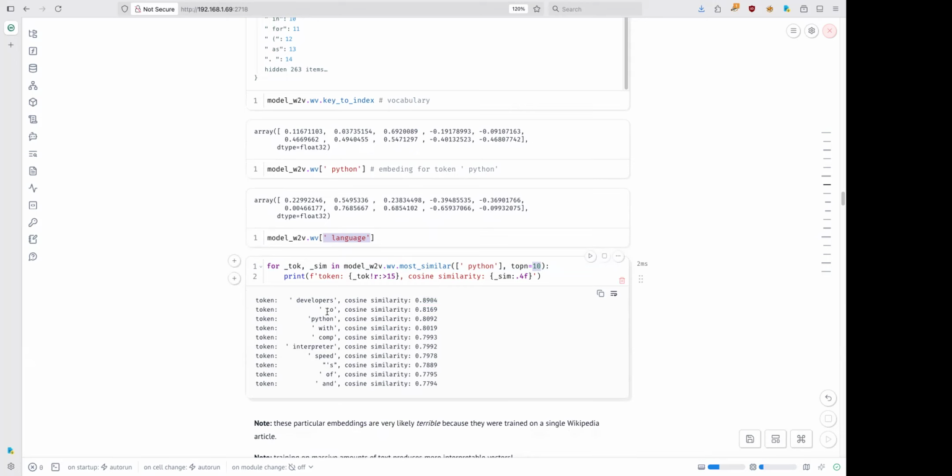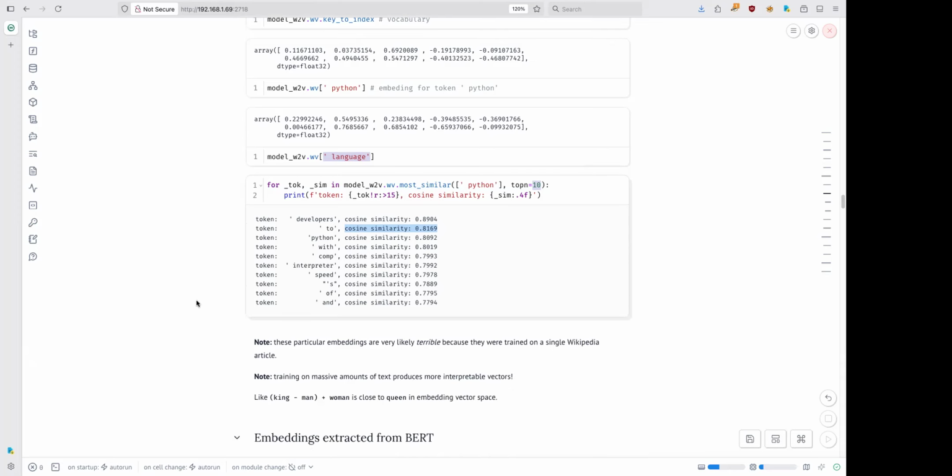The token 2 is the second, with cosine similarity equal to this, and so on and so forth. The main idea here is that for each pair of tokens, you can now compute cosine similarity, because under the hood, tokens are converted to vectors, and with vectors, we can do linear algebra and compute the cosine similarity. The closer it is to positive 1, the more similar the two tokens are.